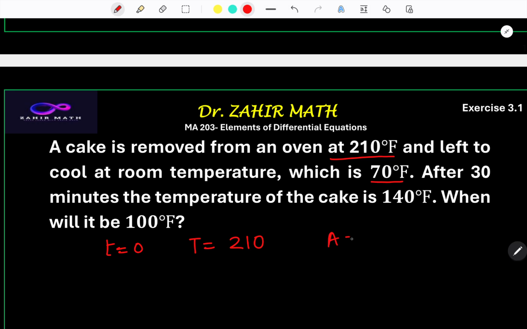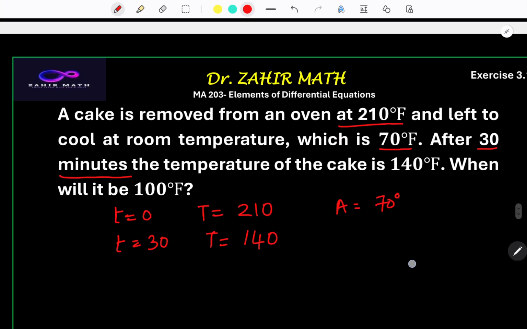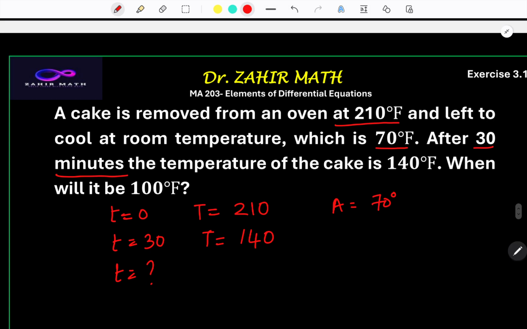So the room temperature A is equal to 70. After 30 minutes, so t is equal to 30, the temperature of the cake is 140. When will it be 100? So t is the question mark and the temperature is 100. This is the data given.